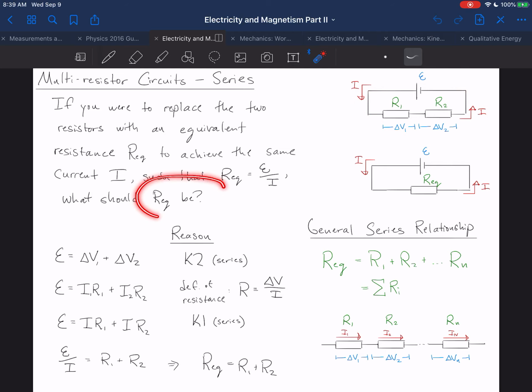What would our R_eq be? All right. For series, my guess is your instinct is correct, in that what we're going to do is simply add these resistances. But now we're equipped to prove why that is.